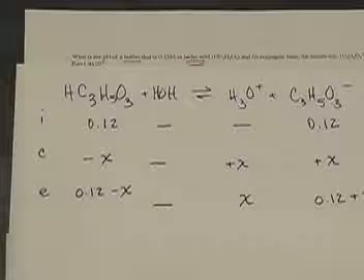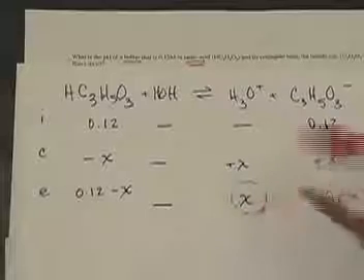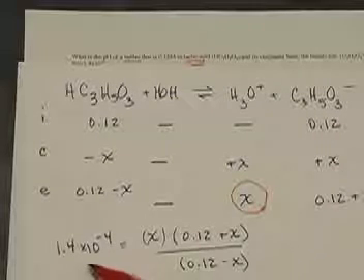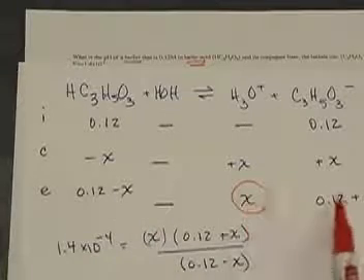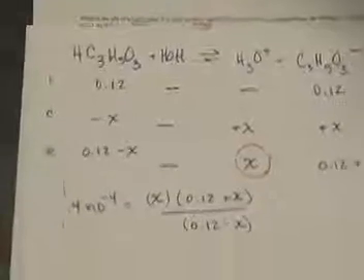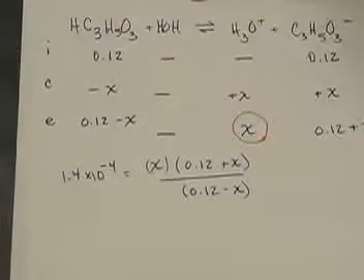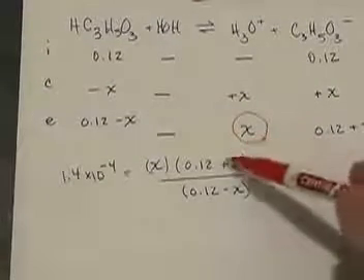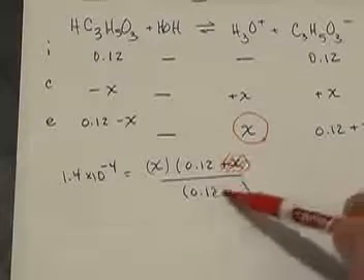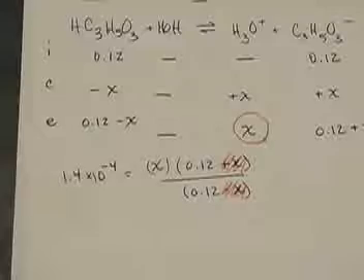Now, if I want to find the pH of this, of course I'm going to focus on finding X. And I can set this up equal to my Ka, where Ka is equal to products divided by the reactants. If I slide this up a little bit, you might be able to see a little better. And I can make some assumptions. I'm going to assume that this x is small compared to 0.12, and I'll assume that this x is small compared to 0.12.